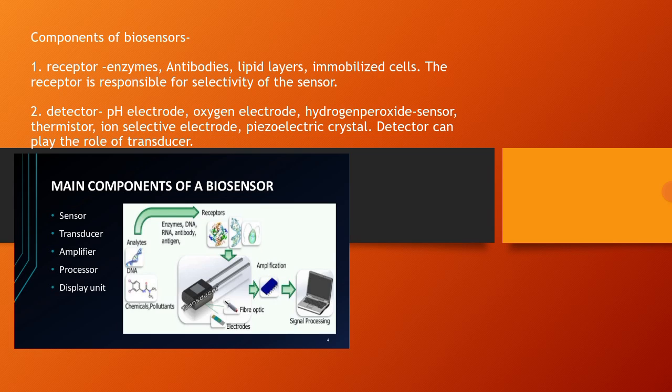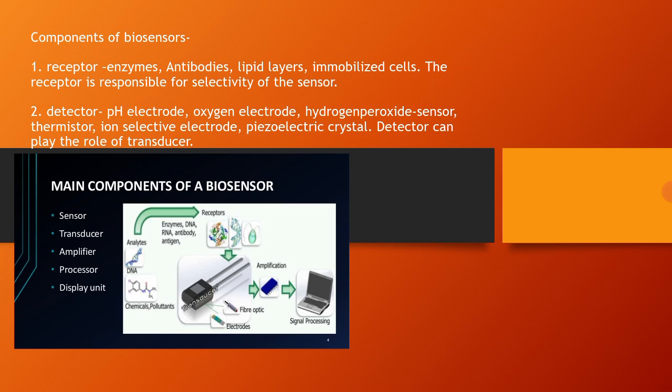Okay, now the receptor and the detector, these are the two main components. Receptor, which means our sensor, that is our biological entity, the biological molecule that we are using in the biosensor for carrying out the reaction or for sensing. So that receptor, the biological molecule in the biosensor, can be enzymes, antibodies, lipid layers, immobilized cells.